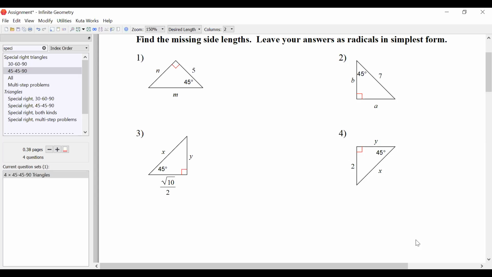Triangle. Not sure how much easier that is to see.